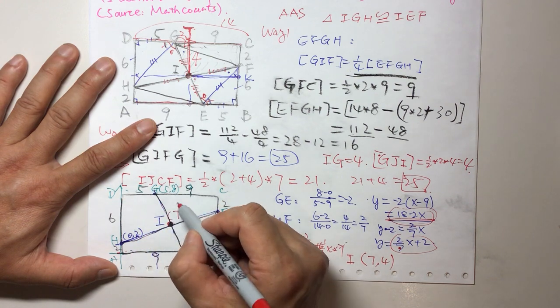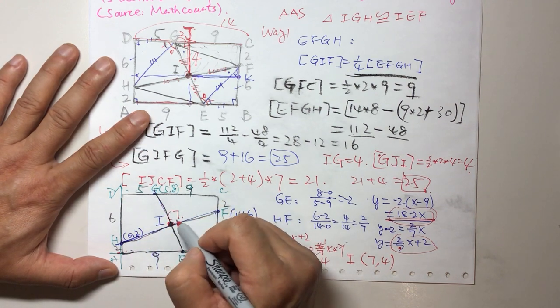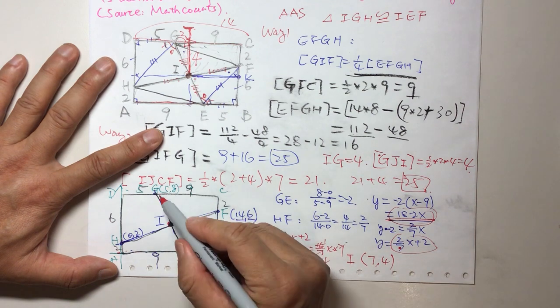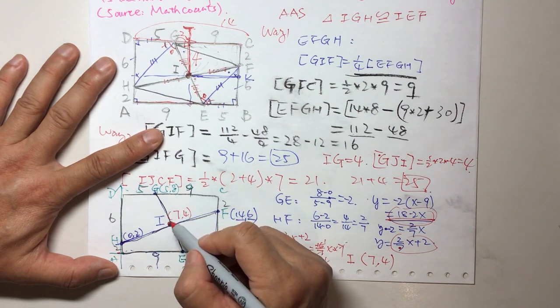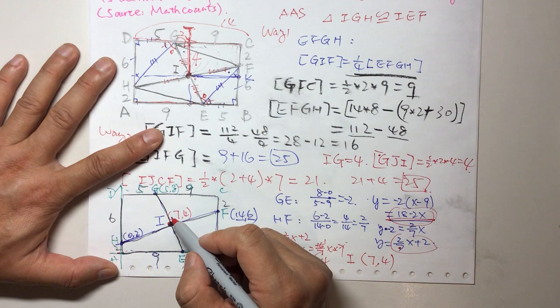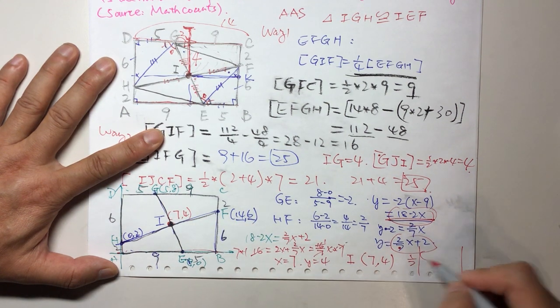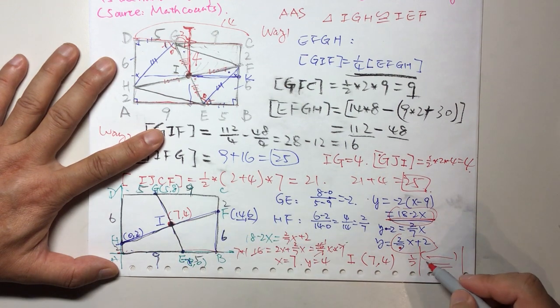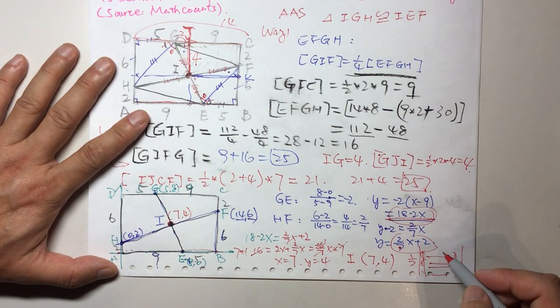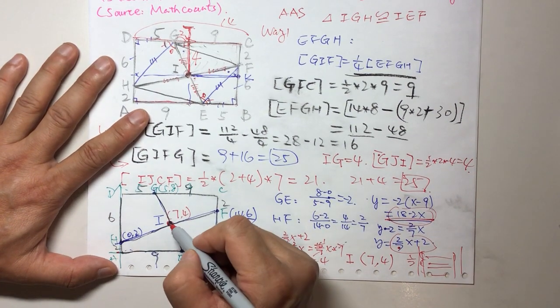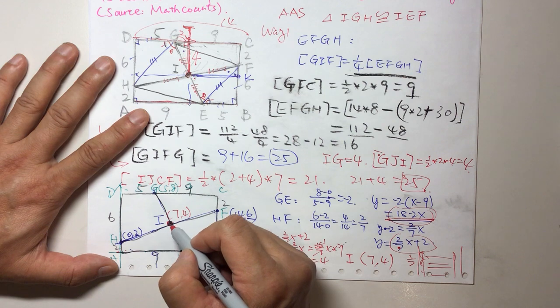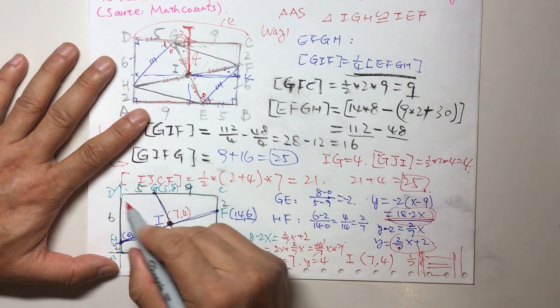So if we know the center of this one, we can use shoelace to find the area of this polygon, right? Everyone knows, right? For here there are 4 points. We write down the coordinates here, and then use the shoelace theorem. Also, we have proved I is the center of this rectangle.